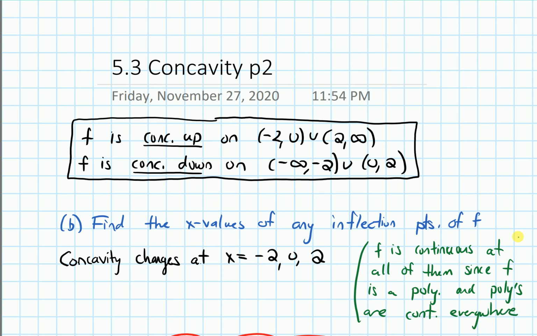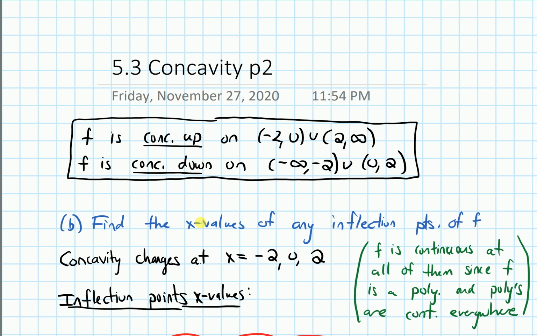So now we can say what the inflection points are. So the inflection point x values, sorry, I should say inflection point x values. So this question just asks for the x values. If it asks for the inflection points, I should write down the x and the y coordinates together because it's asking for the points.